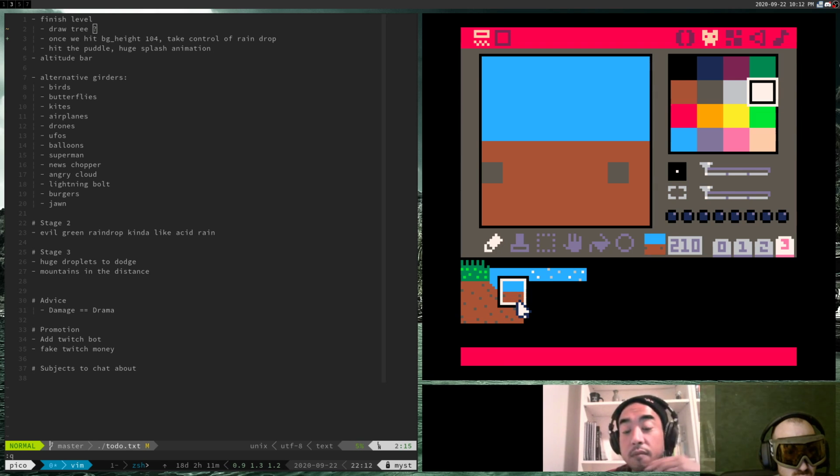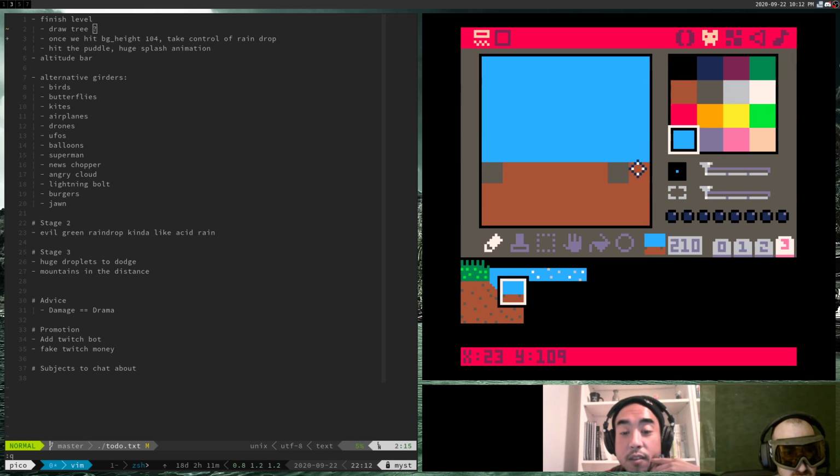So you're thinking more water than dirt. It doesn't look like a lake as of right now. Make it slopier, it's too straight.